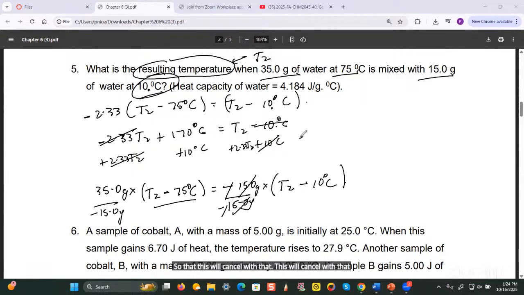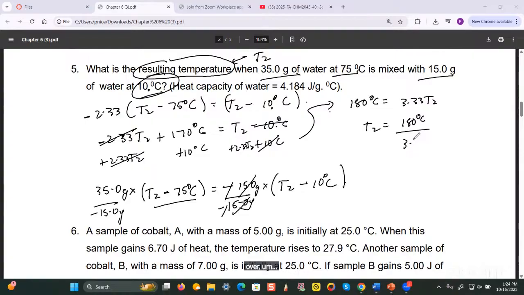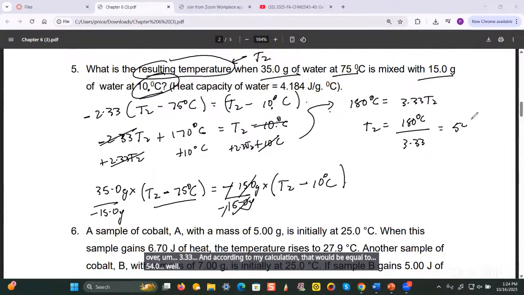You're going to end up with 170 plus 10 gives you 180 degrees Celsius is equal to T2 plus 2.33 T2, which will give you 3.33 T2, which means that T2 will be equal to 180 degrees over 3.33, and according to my calculation, that would be equal to 54 degrees Celsius.